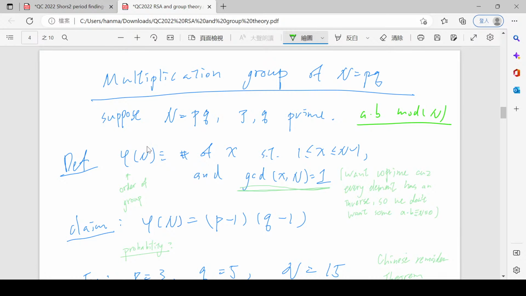the first thing we define is the order of this group. The order of this group we denote as psi n. The order is the number of x such that everything is mod n. So we have x from 1 to n minus 1, and now there is something a bit different.